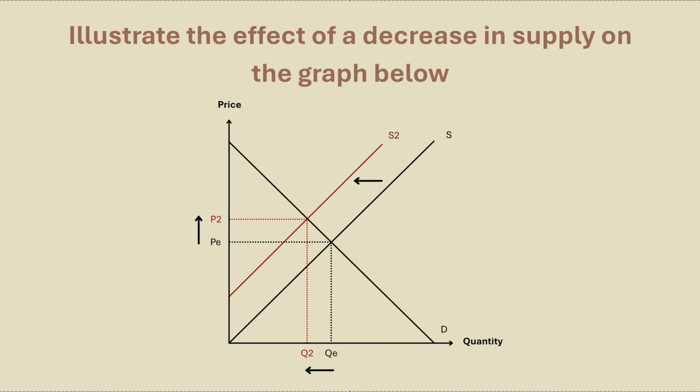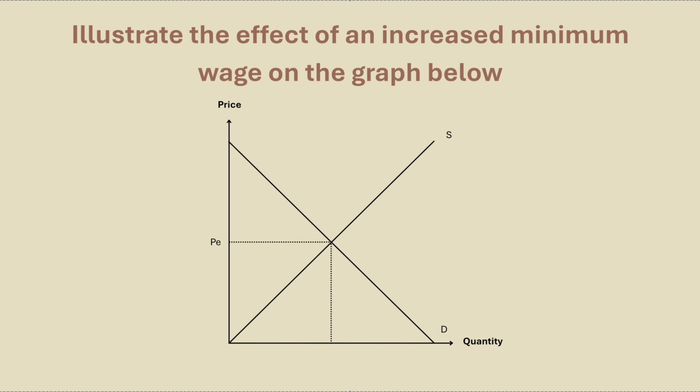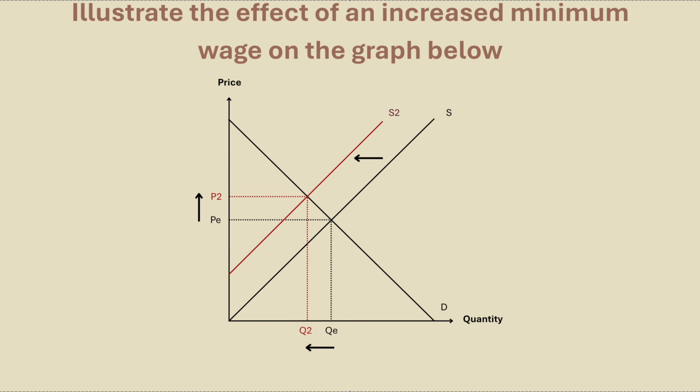Here's the answer. The supply curve shifts to the left. Illustrate the effect of an increased minimum wage on the graph below. An increased minimum wage will raise the cost of production for a business and therefore the supply decreases.